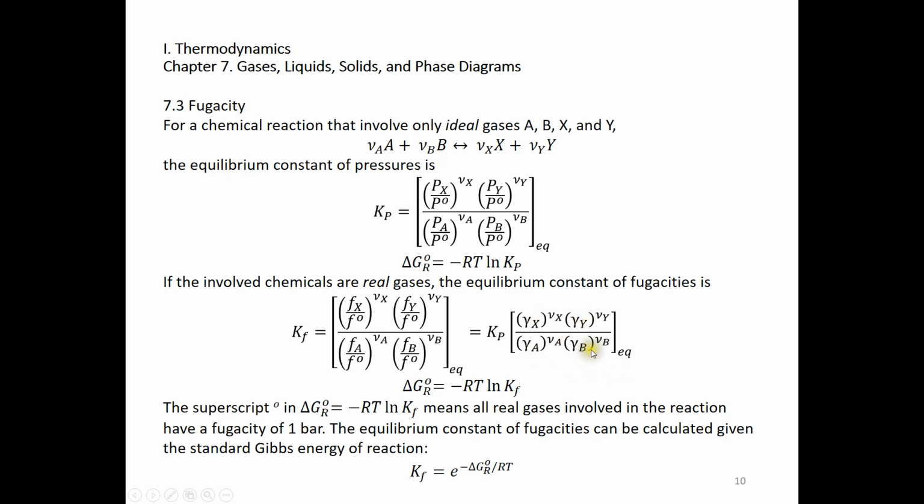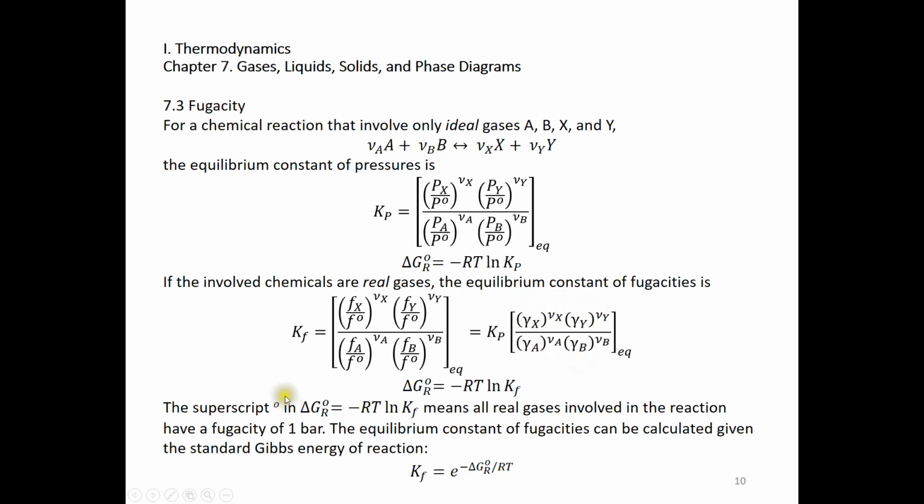And again, for a real gas, there's attraction and repulsion. They affect the chemical potential of every single gas. And now we have a different equation for the standard Gibbs energy of reaction. It's negative RT times the natural logarithm of the equilibrium constant of fugacities. Again, the equilibrium constant of fugacities and the equilibrium constant of pressures are often close to each other. They differ by a factor that consists of all those gammas, those fugacity coefficients of X and Y on top and A, B on the bottom.